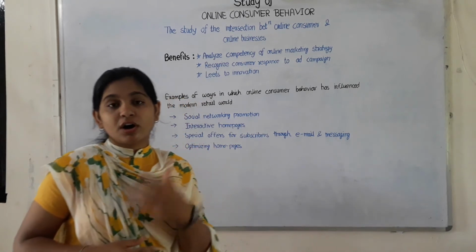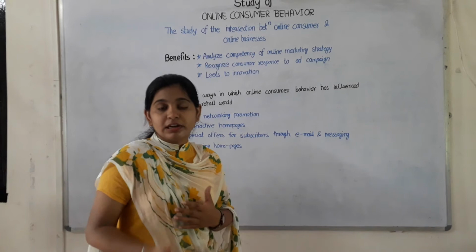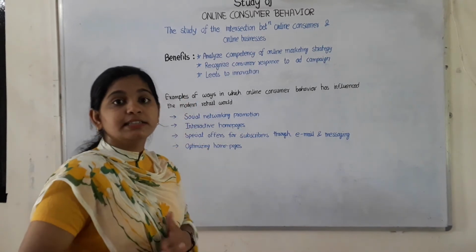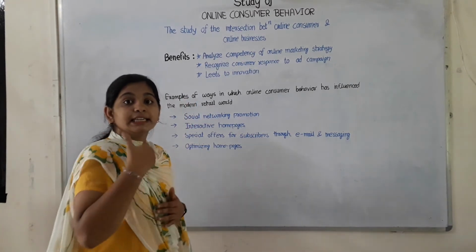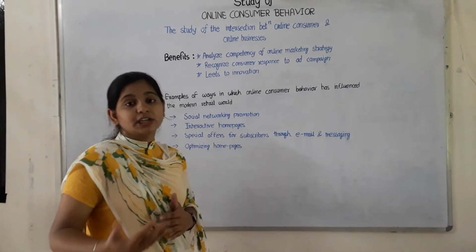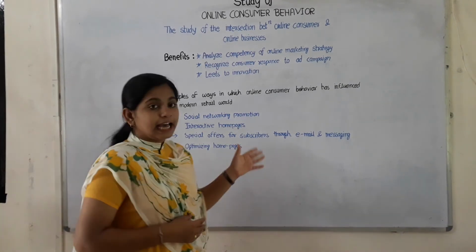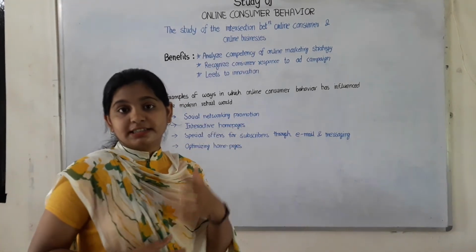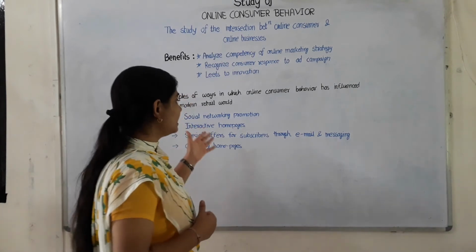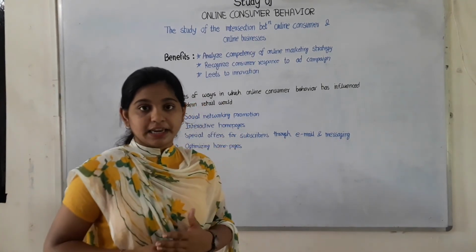By knowing these needs and wants and their online activities and interests, the marketer can easily give various special offers to an individual or particular customer, and for offering these, the marketer can use email and messaging techniques.